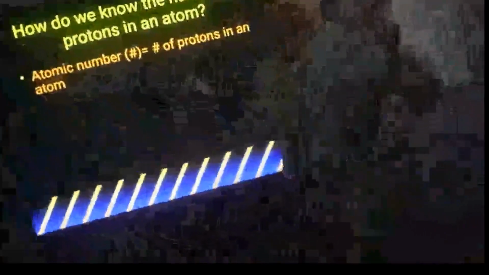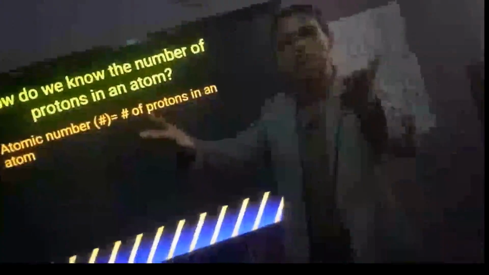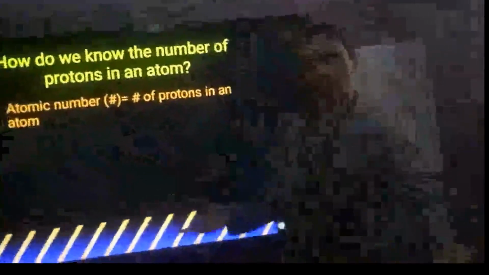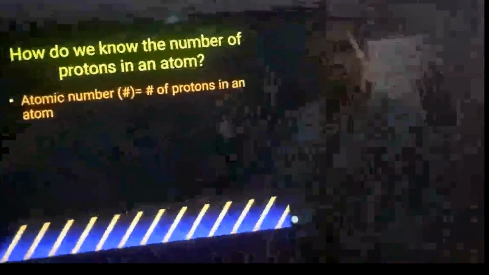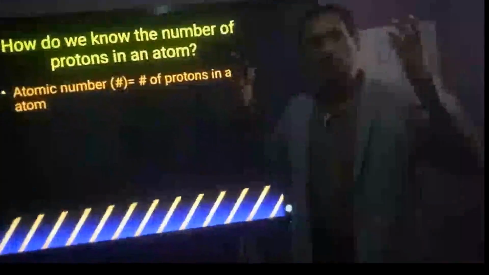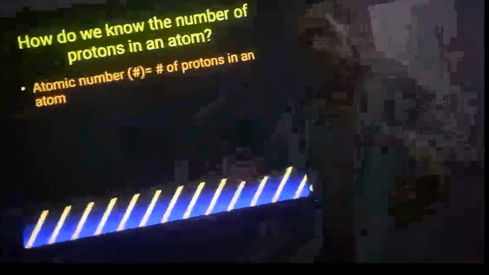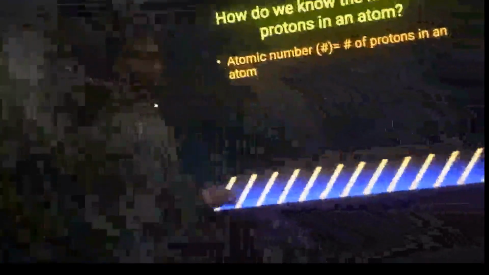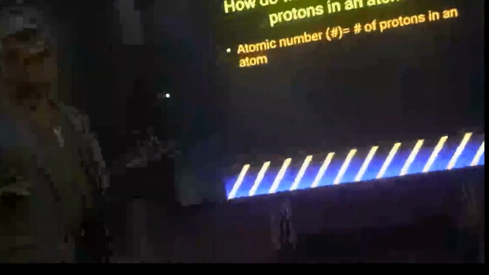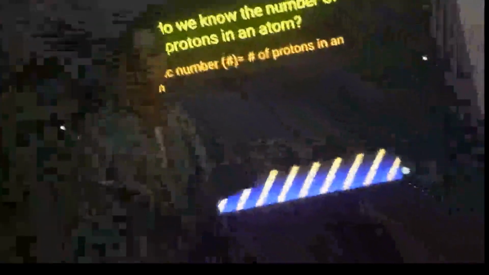For example, carbon has 6 protons, which means the atomic number of carbon is 6. The oxygen atom has 8 protons inside the nucleus, so the atomic number of oxygen is 8.